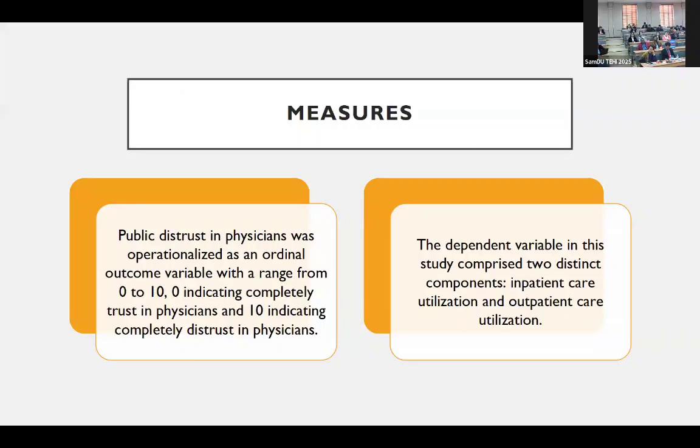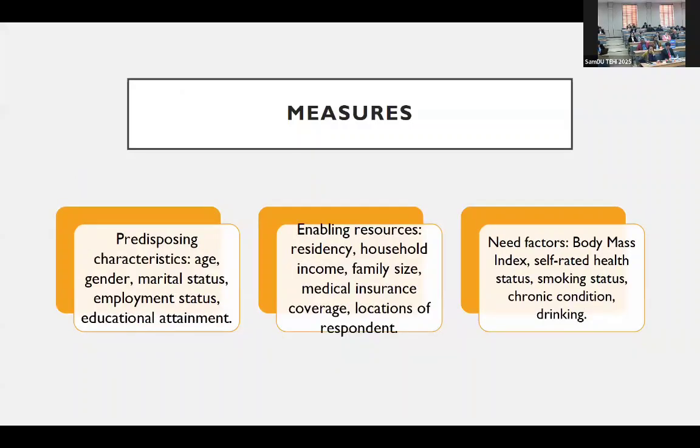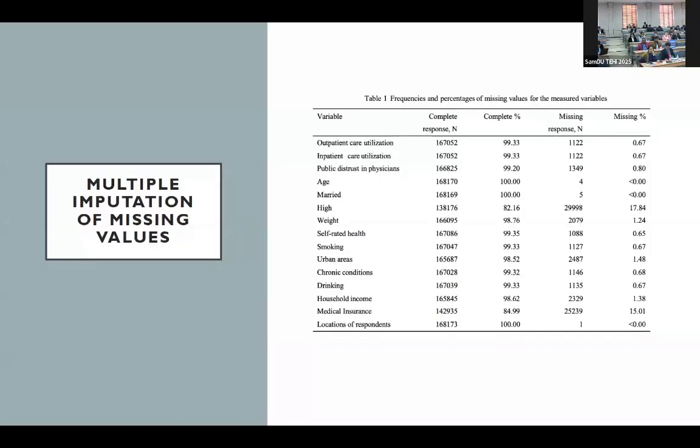The dependent variables are inpatient care utilization and outpatient care utilization. Based on the theoretical model, we have control variables like age, gender, income, family size, BMI, and so on.